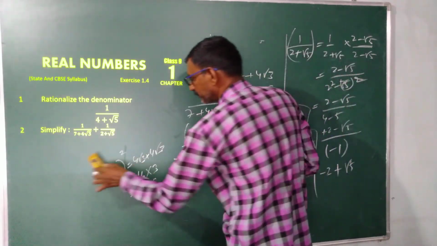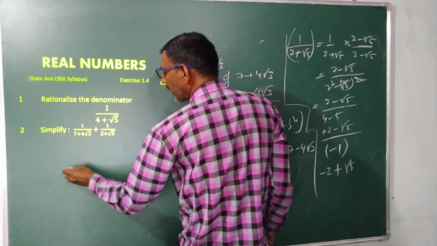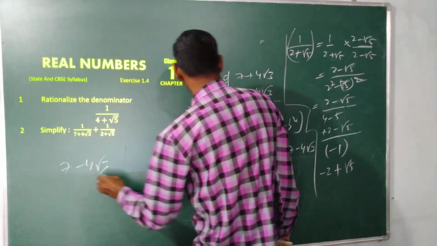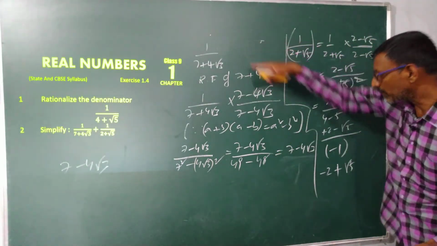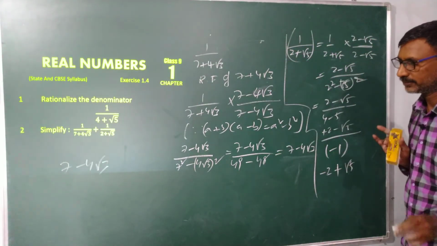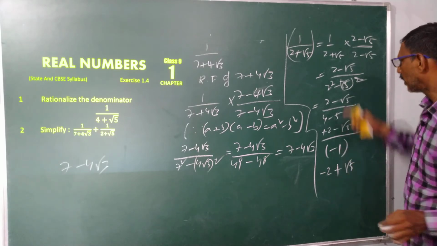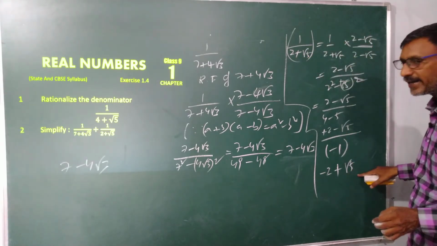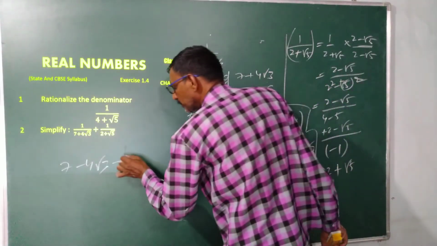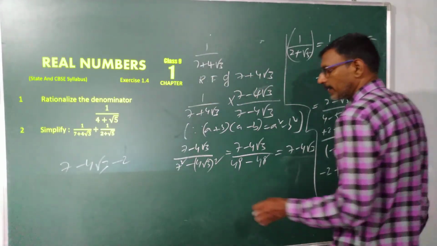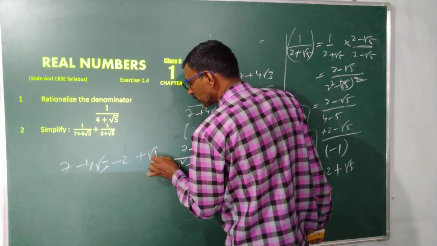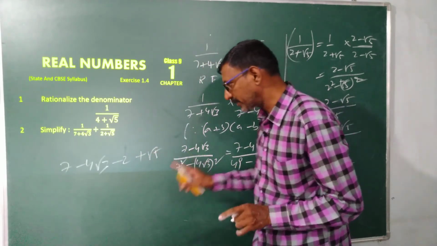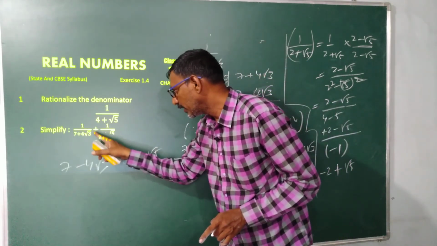Now come to here. This value is 7 minus 4 root 3. I simplified and got this one. Now coming to 1 by 2 plus root 5. By simplifying we get minus 2 plus root 5. This is my answer. But see here, plus is there.